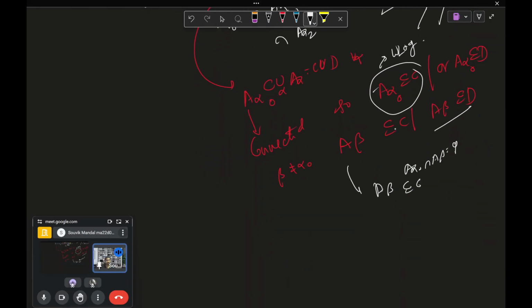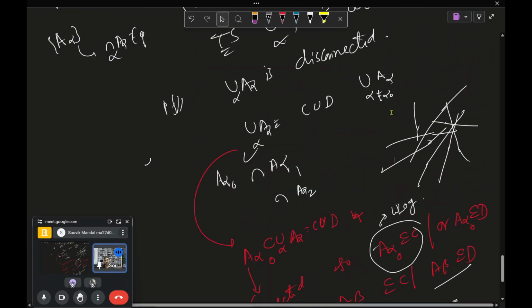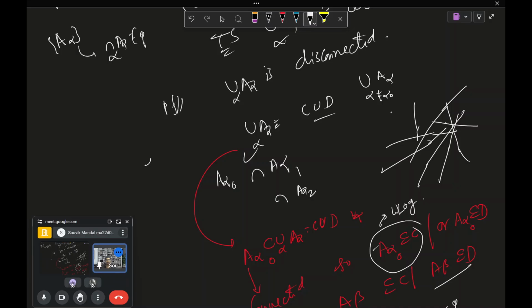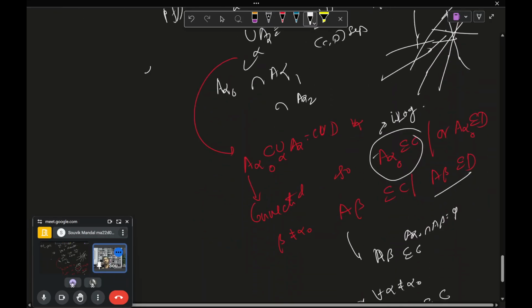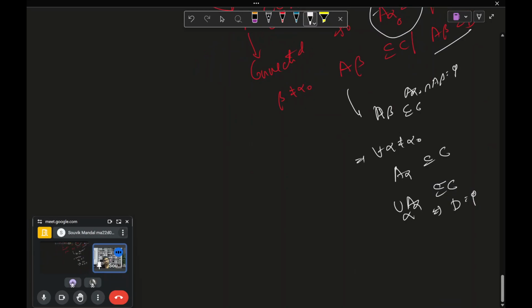This implies that for all alpha not equal to alpha naught, A alpha is a subset of C. This implies the union of A alpha over all alpha is a subset of C. And this implies D equals empty. But we started with the union of A alpha as C union D, where C and D are both separations of the union. Separation means C and D are each non-empty. But finally we are getting that D is empty. So this is the contradiction.